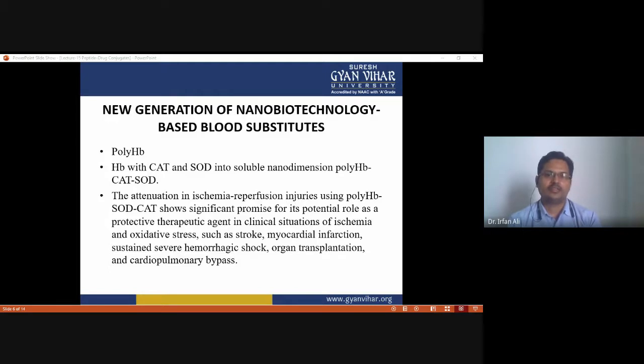And the reasons for this are lack of oxygen supply in the heart, sustained hemorrhagic shock, stroke, organ transplantation, and other conditions that may result in ischemia. Ischemia leads to alteration in metabolic reaction and may produce hypoxanthine and activate the enzyme xanthine oxidase.